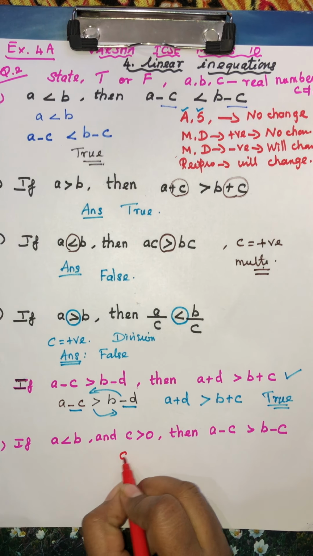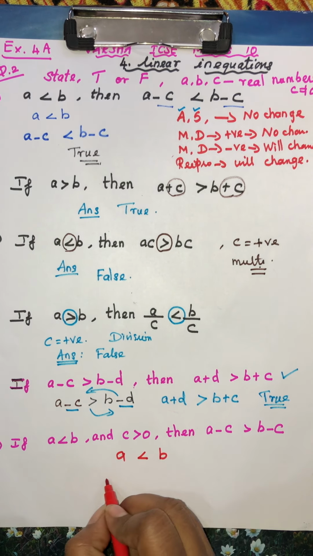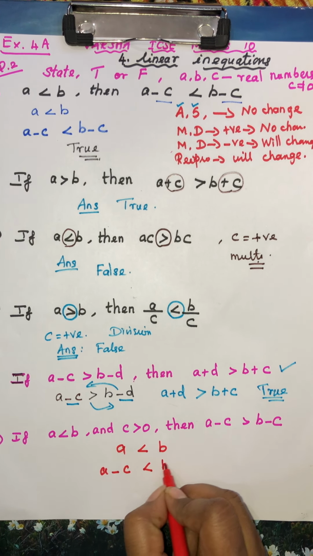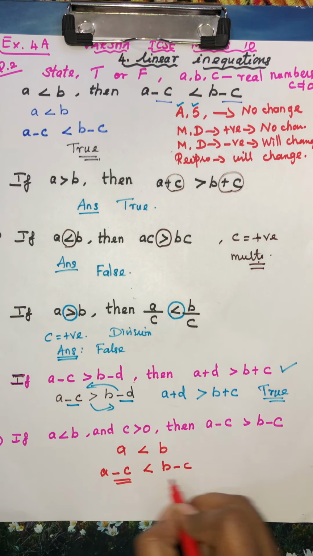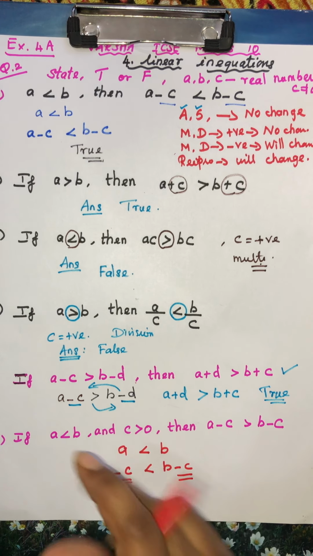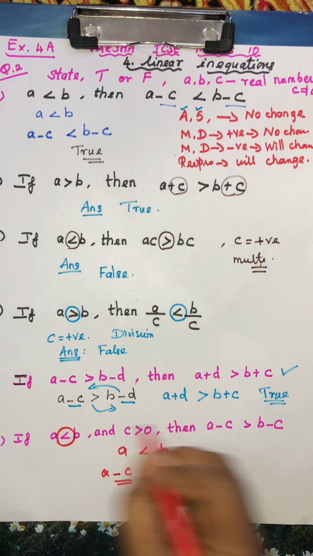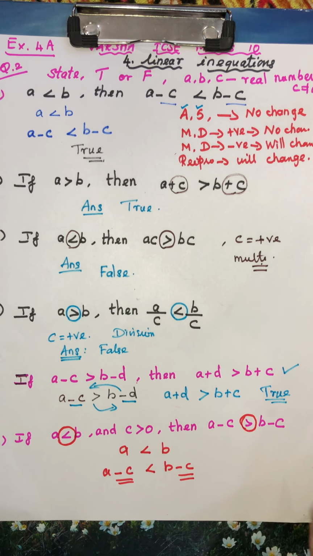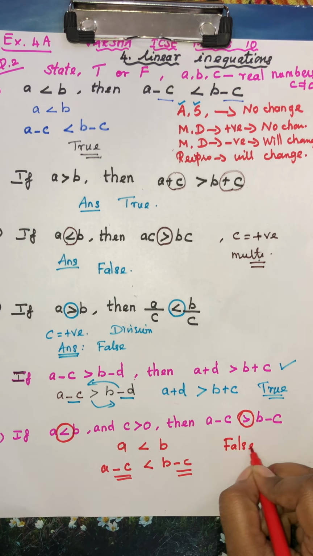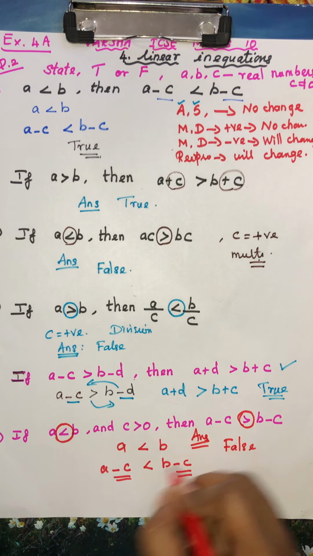Here a is less than b. If it is subtracted by c, it should be a minus c less than b minus c. It is just subtraction. For subtraction and addition, the inequality should not be changed. But here the inequality is changed. So this statement is false.